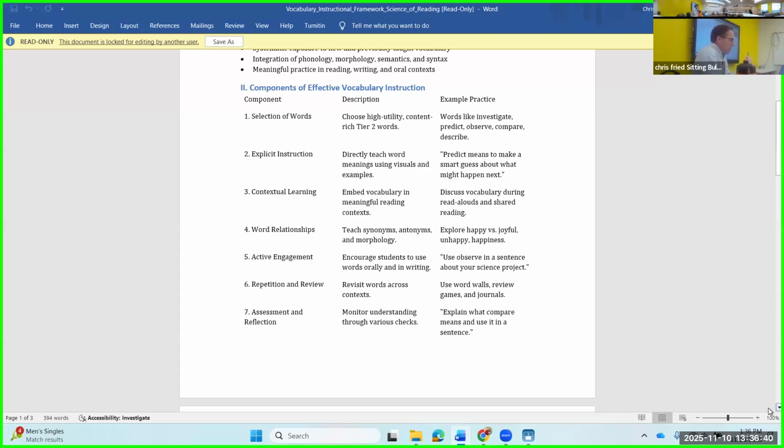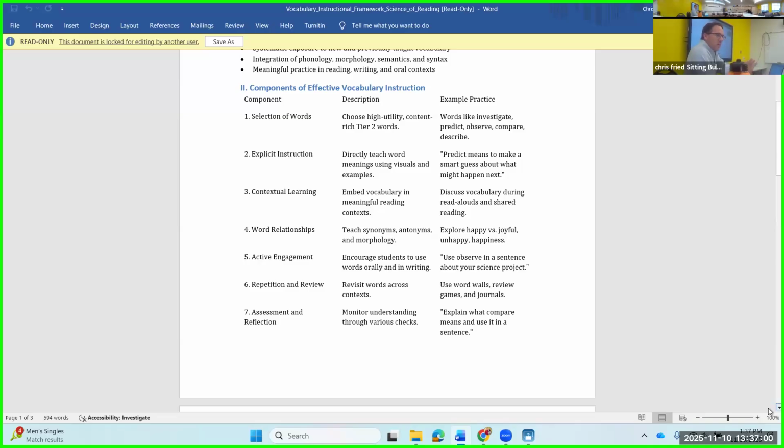Contextual learning is the number 3 component, right? So embed that vocab in meaningful reading context. And so here it gives example of discussing vocab during read alouds and shared reading, right? So if there's a term that comes up, pausing to share that again, reinforce that word again, or maybe we don't need to pause.